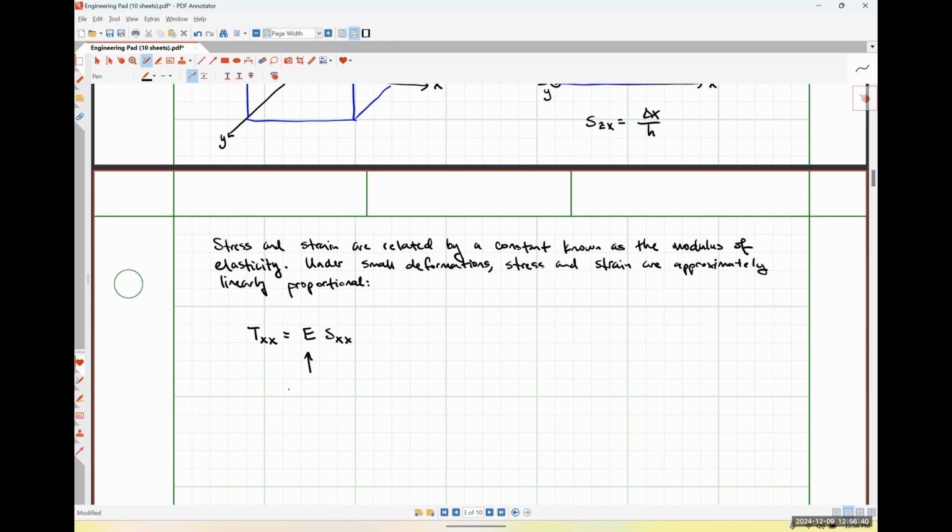And let me make a note here. And T_zx will be equal to G times S_zx, where G is the shearing modulus of elasticity.